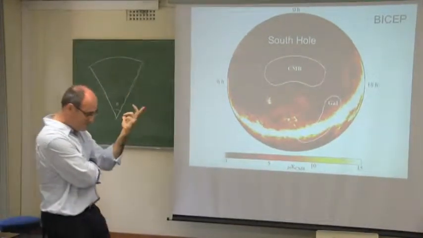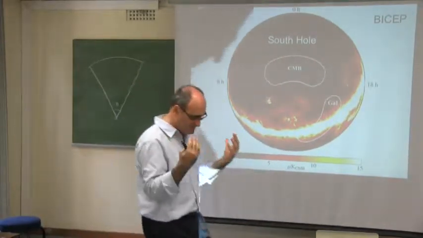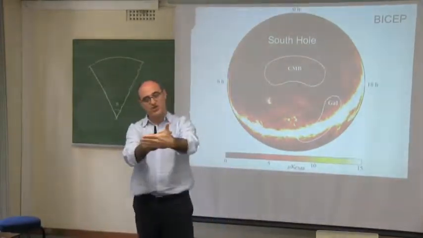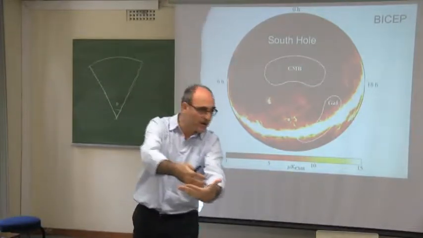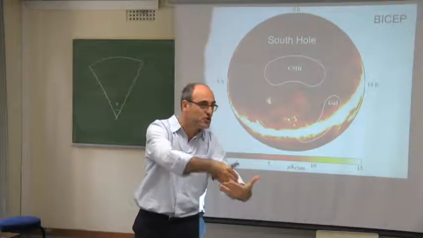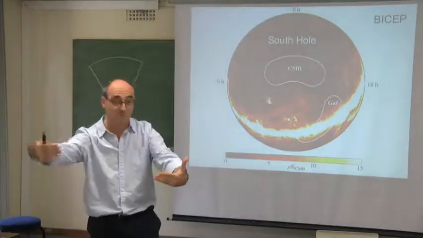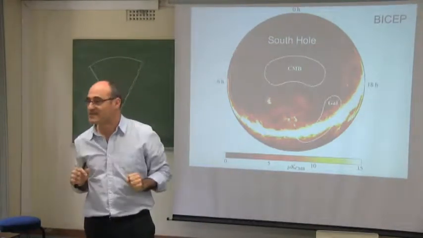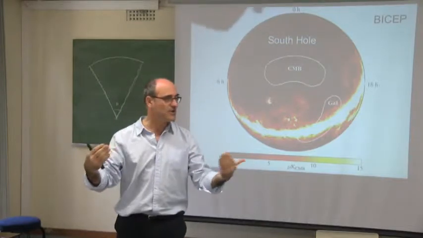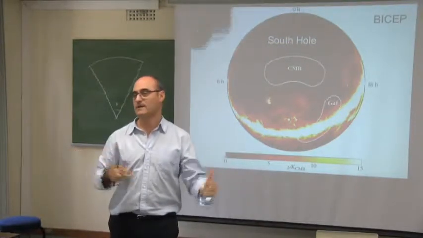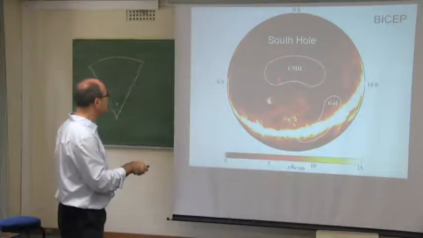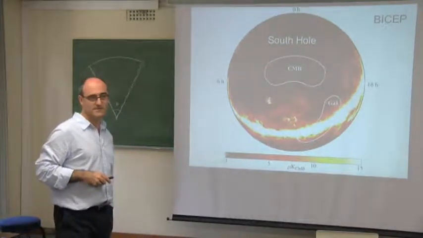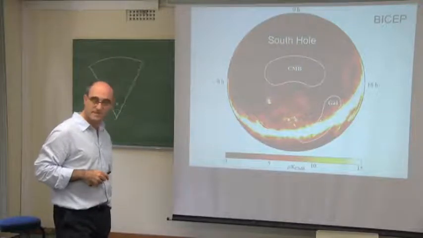But at the time, it was perfectly reasonable to assume that the temperature and the polarization would be proportional to each other. The places where you have more contribution from dust in temperature should also be the places where you have more contribution in the polarization. Now, that correlation was broken when Planck came and showed that the region that BICEP had looked at was not devoid of polarization from dust.